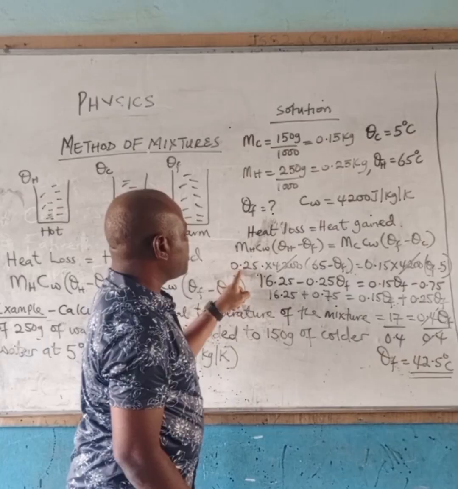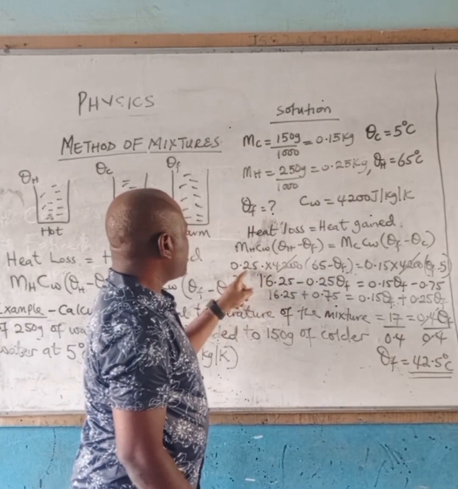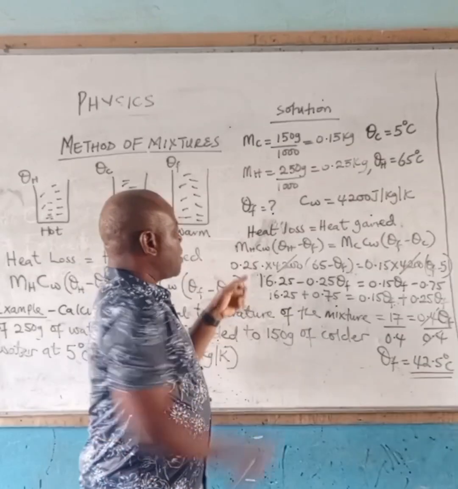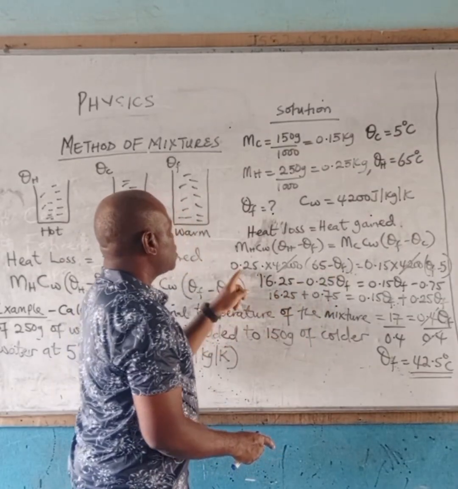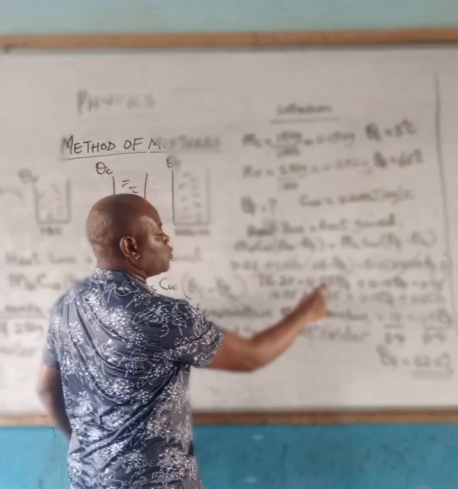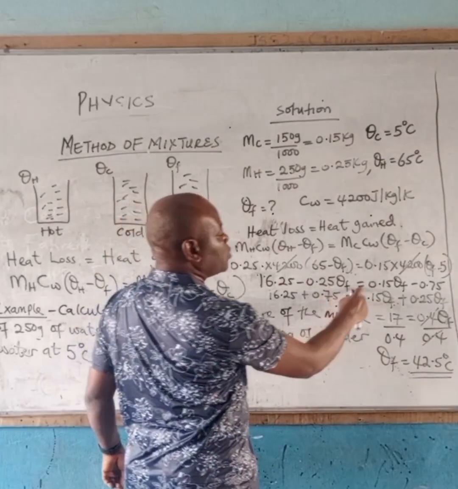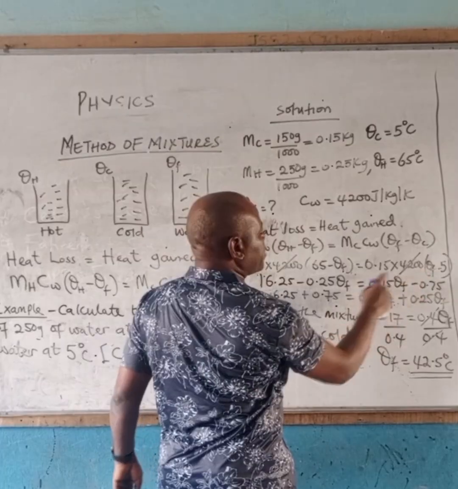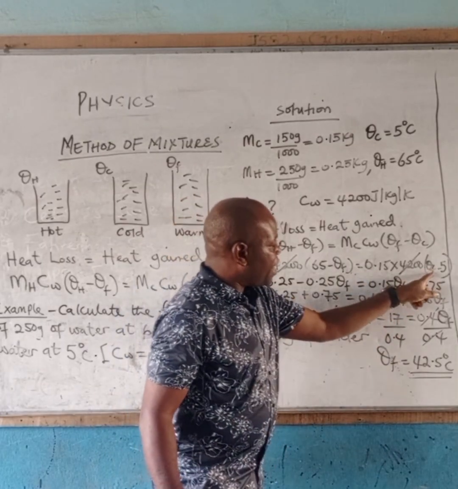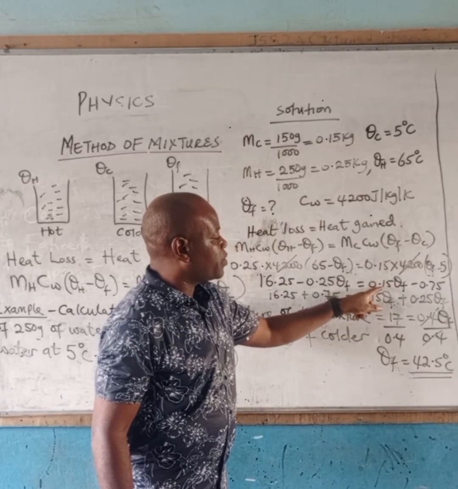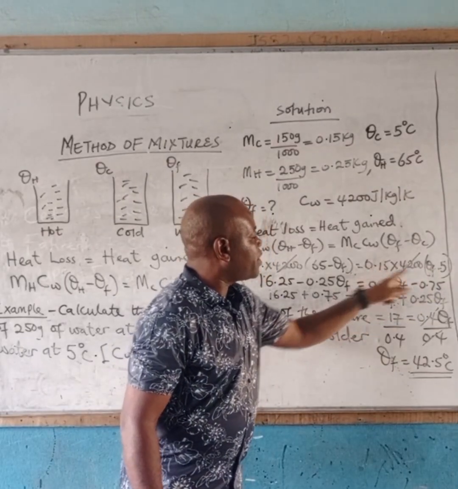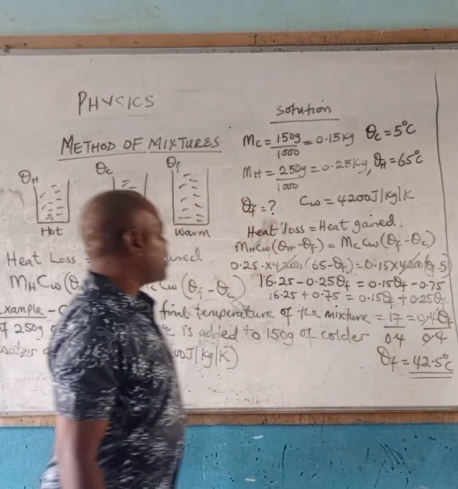In doing that, you multiply this by this. 0.25 times 65 will give us 16.25 minus 0.25 times theta F will give us 0.25 theta F equal to, expand this, open this bracket, you have 0.15 times theta F is going to give us 0.15 theta F minus 0.15 times 5 will give us 0.75.